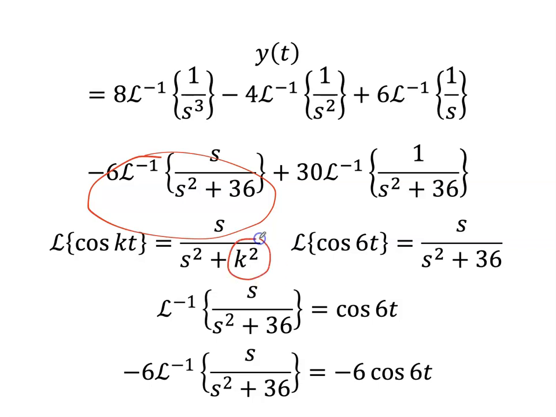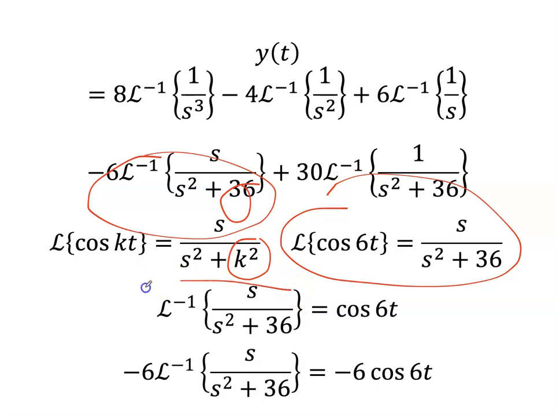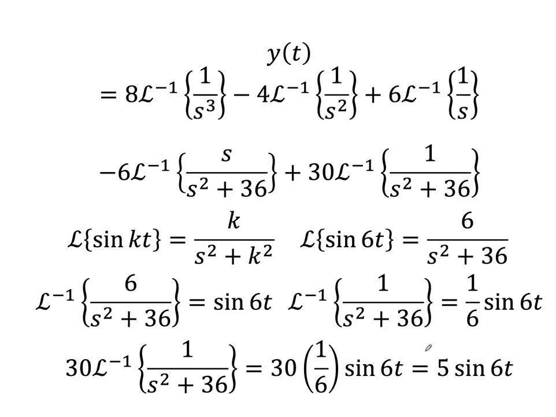You can see that since k squared is 36, we want to plug in k equals 6. So the Laplace transform of cosine 6t is s over s squared plus 36, which means the inverse Laplace transform of s over s squared plus 36 is cosine 6t. So we just need to multiply both sides by negative 6, and we end up with this expression. In other words, this expression here is just going to be negative 6 cosine 6t.